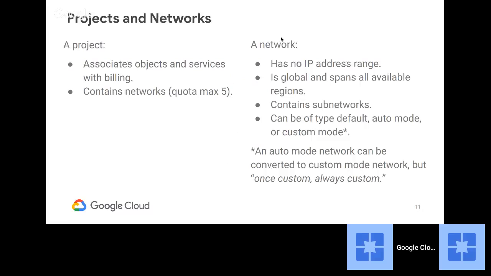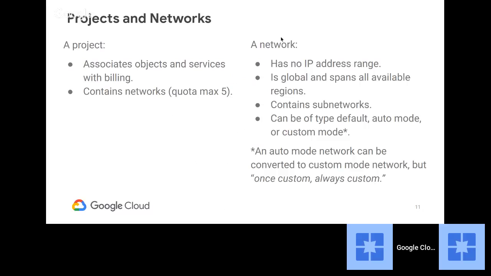So let's dive into it. Projects and networks. As you saw last week, the project is effectively a container, right? It allows you to isolate your resources and group things up under the banner of access and isolation. You can see there on the slides, a project associates objects and services with billing and contains networks.